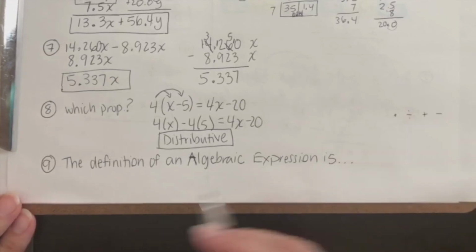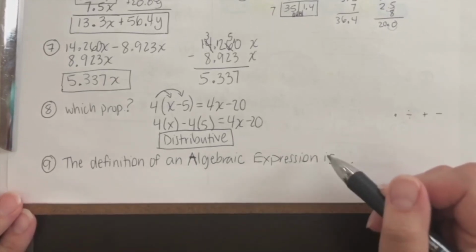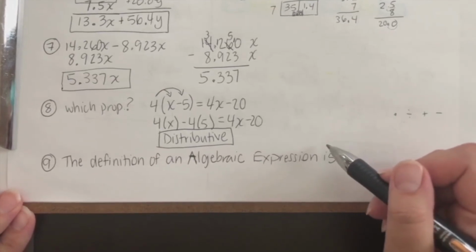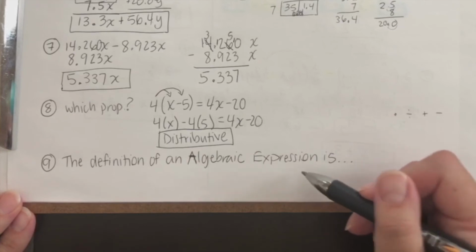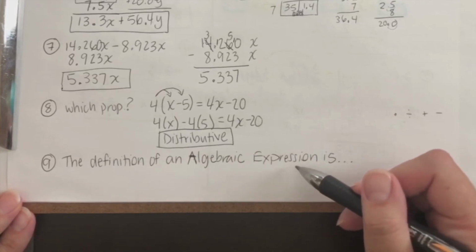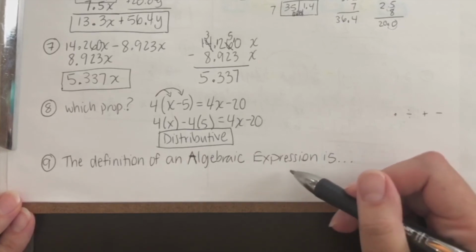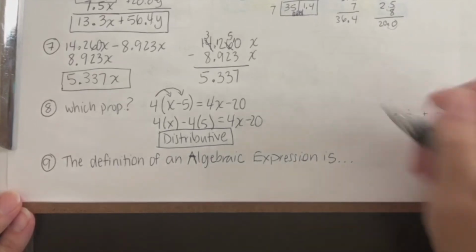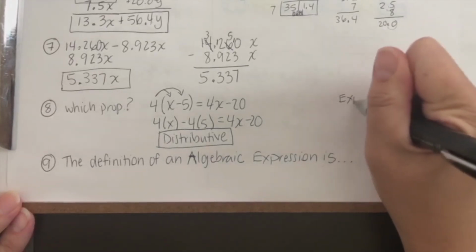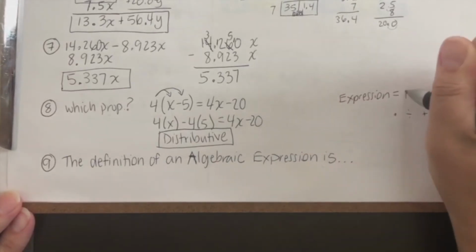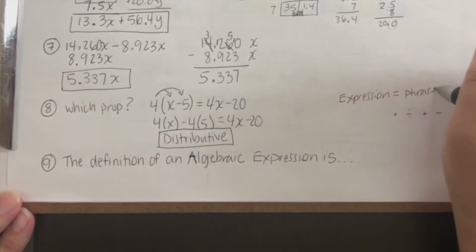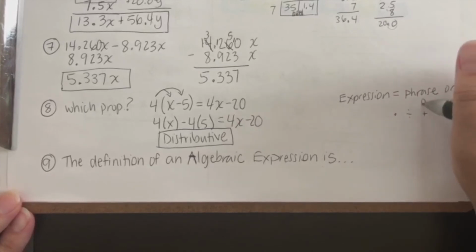Okay? So I like to say that when you don't have the equal sign, it's kind of like not having a period at the end of your sentence. It's not a complete sentence, it's just a phrase. So an expression equals a phrase or fragment. That would be an F, fragment, right?